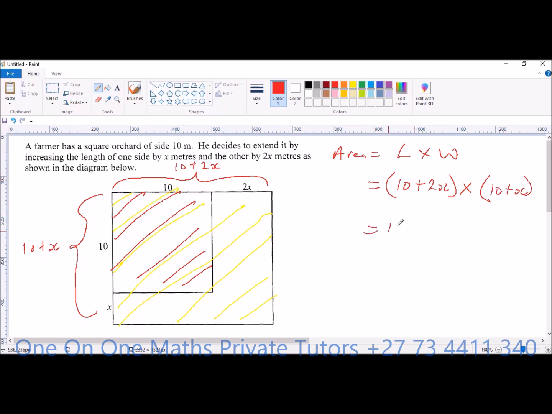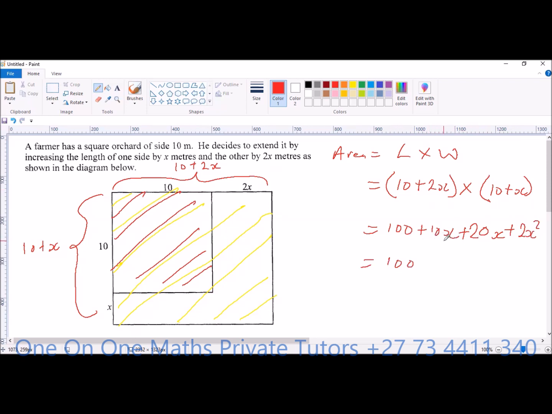Okay, what will this give us? 10 times 10, it's 100. 10 times x is 10x. 2x times 10 is 20x. So plus 20x. 2x times x is 2x squared. Okay, so we multiply continually. Then we simplify. 100, but there's no other number there.